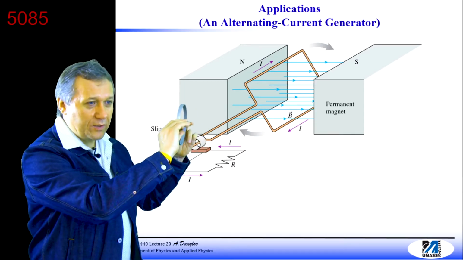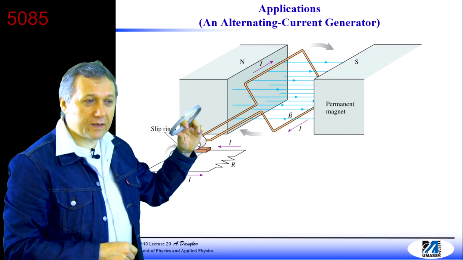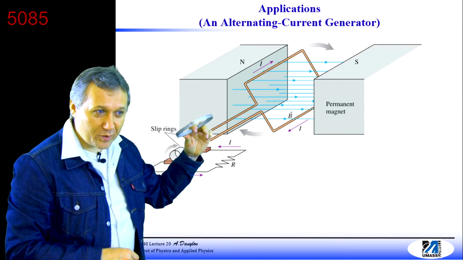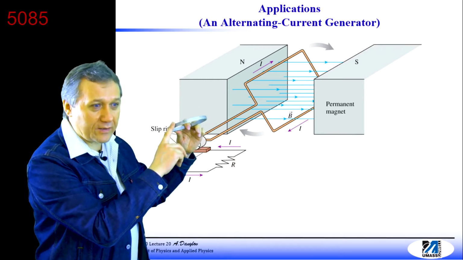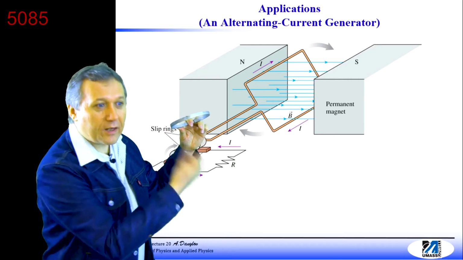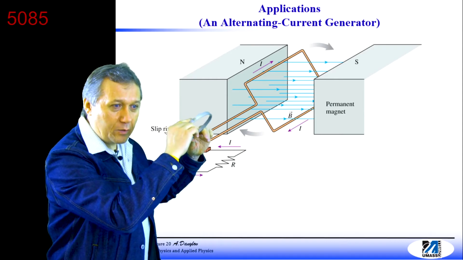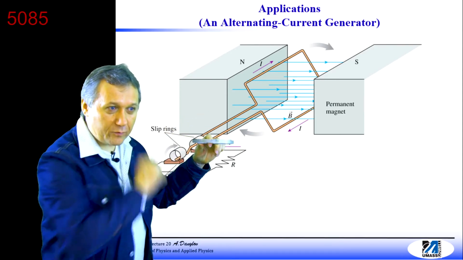After this moment, the loop starts turning this way, and of course flux starts getting smaller and smaller. So the flux is dying, and the loop will start driving current in the opposite direction, counterclockwise. Before it was clockwise, now counterclockwise, because now the flux is dying.